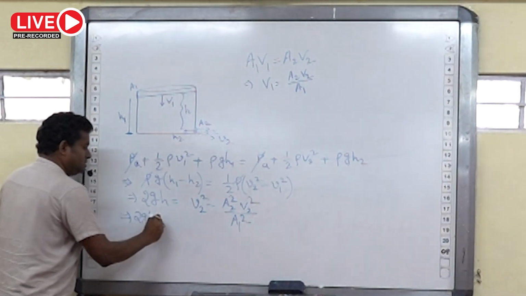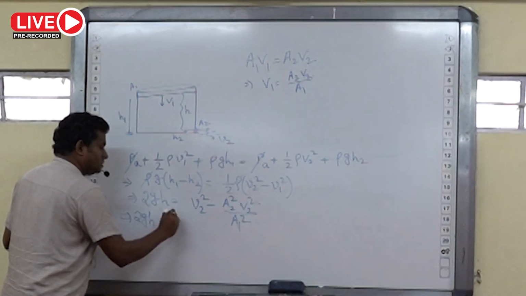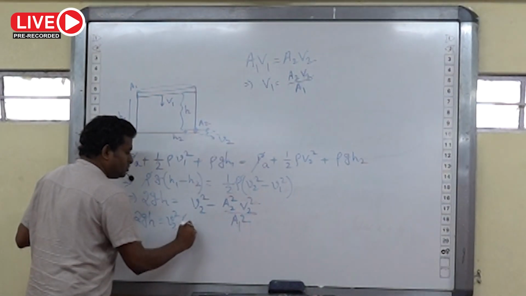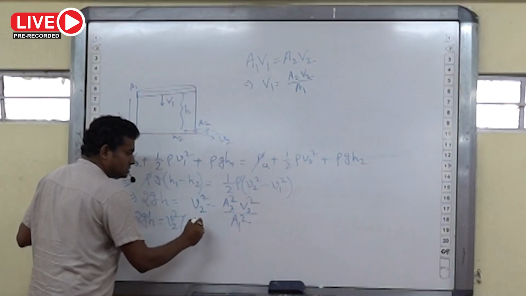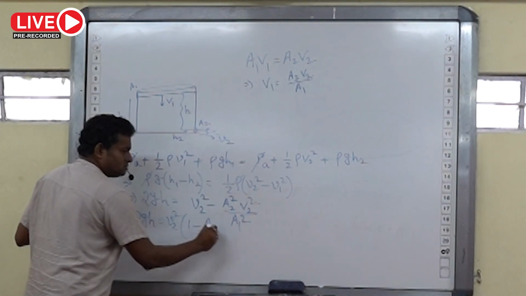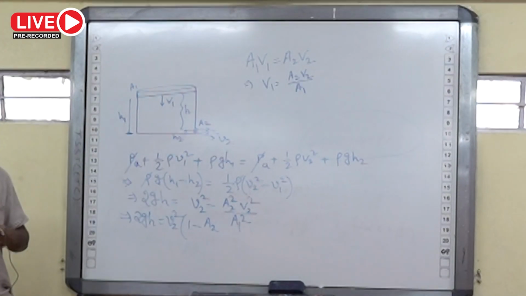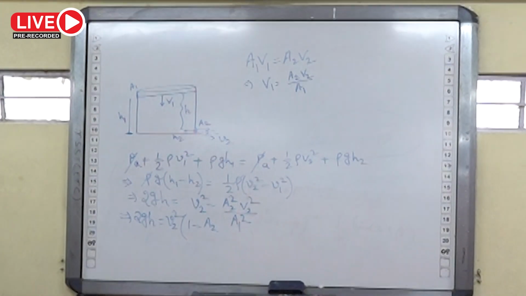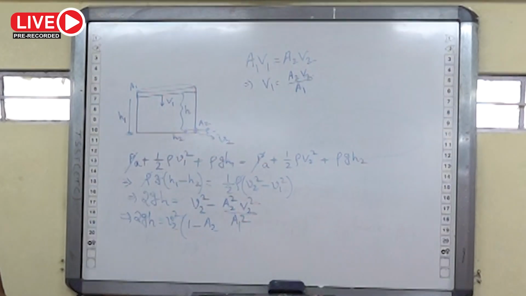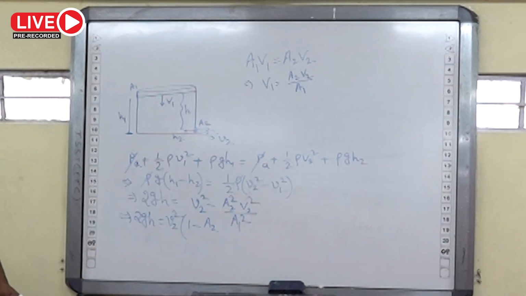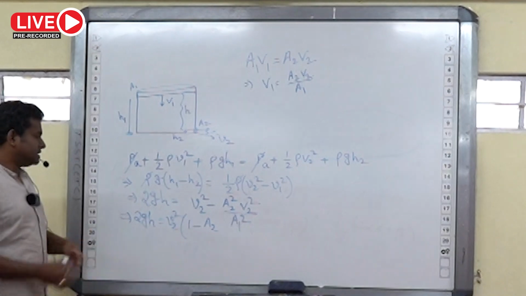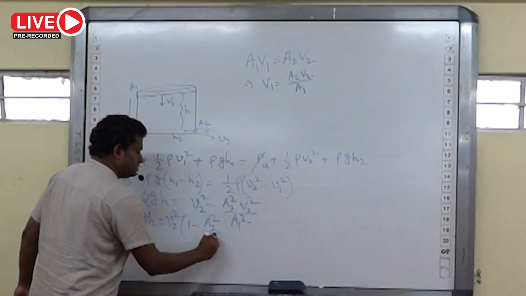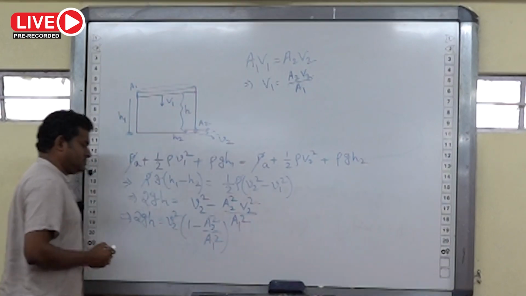2GH, V square common, V2 square common, we can write it is equal to 1 minus... it is coming A2 square minus A1 square.